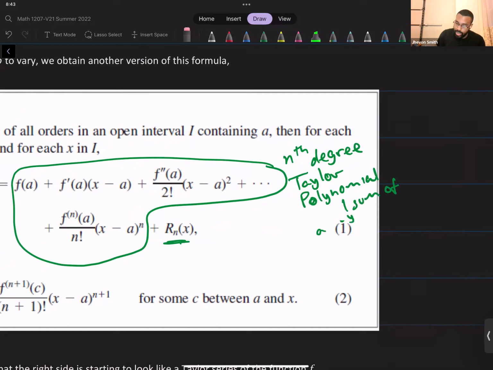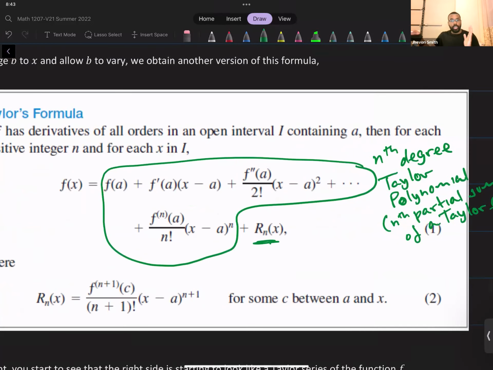Let me be specific, the nth partial sum of a Taylor series. And we mentioned that the remainder term is everything else.